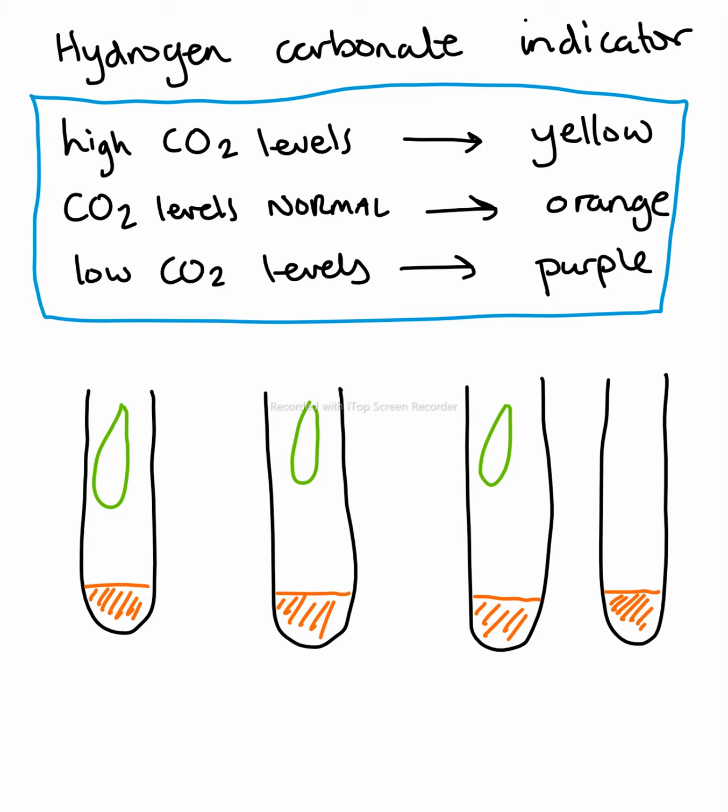Then what you do is, this one you're going to have in really bright light. This one, we're going to cover up to make sure no light can get in, around the outside with some material, whether it's silver foil, because that won't allow any light through.